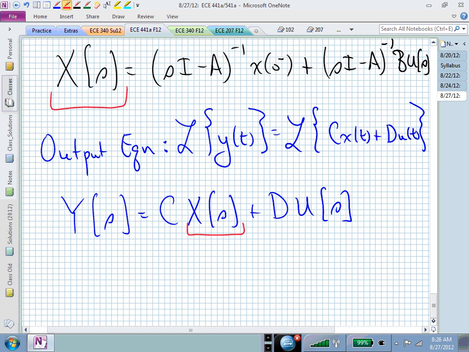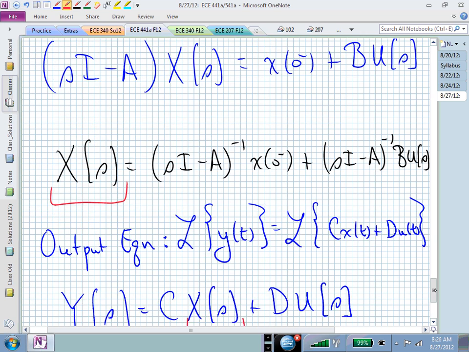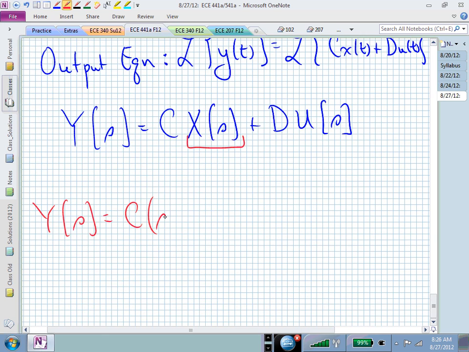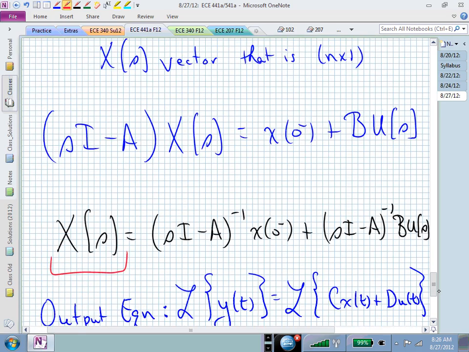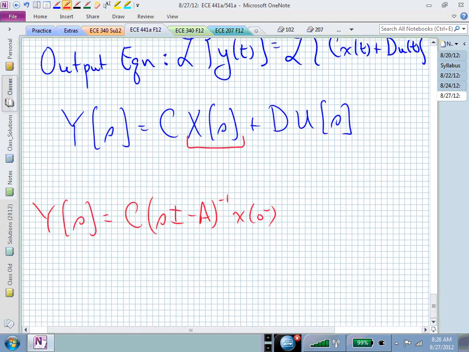Plugging all of that in, I now have Y(s) equal to C times the first piece, which is (sI minus A) inverse x(0), and then I have the second piece, which is C(sI minus A) inverse BU(s).